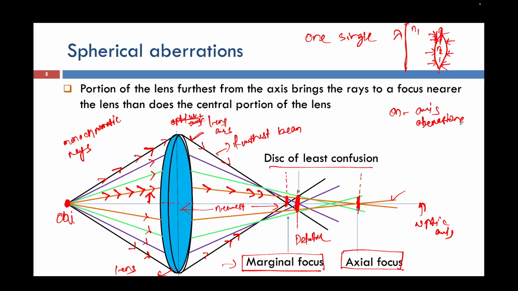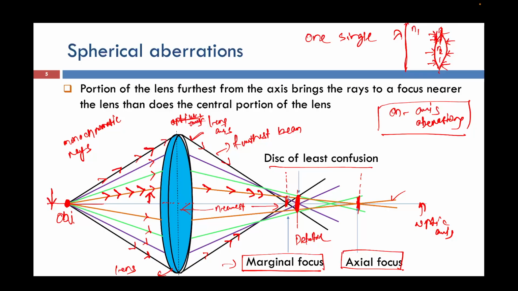Why on axis aberration? Because, let's say this is your optic axis, all the aberrations that you get are on the optic axis; it is not deviating outside of the optic axis. All of your rays are focused on the optic axis, right?